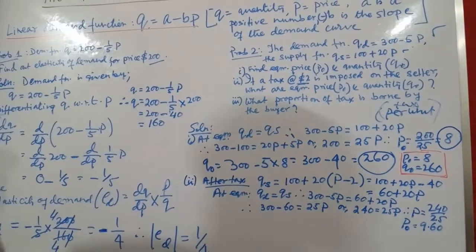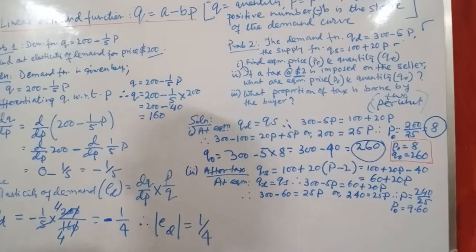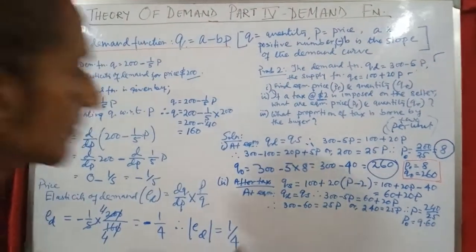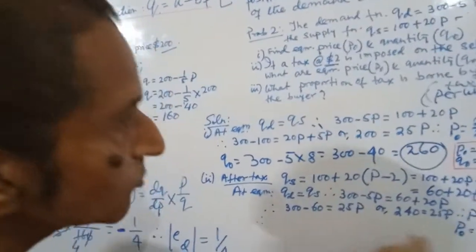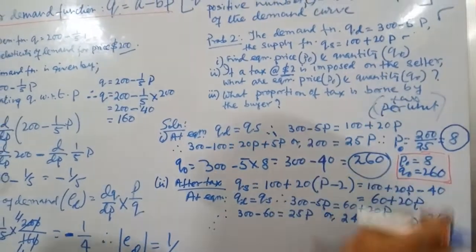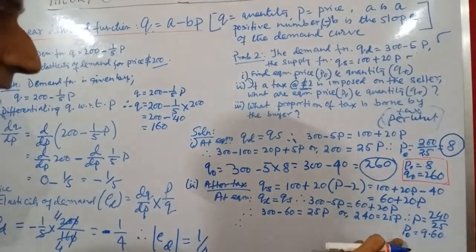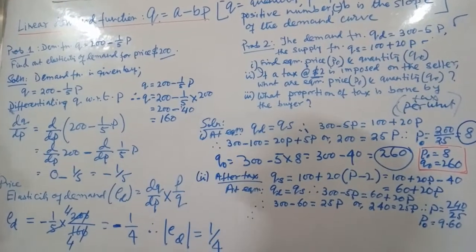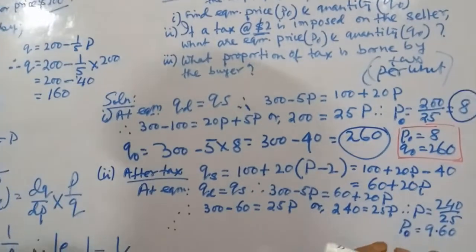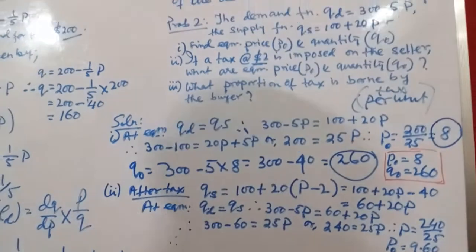So what will be the new equilibrium quantity? Therefore, we put the value of P0, that is the value of P. Since it is equilibrium price, we are writing P0. Basically, it is price, new price. So we put the value of P in this equation.